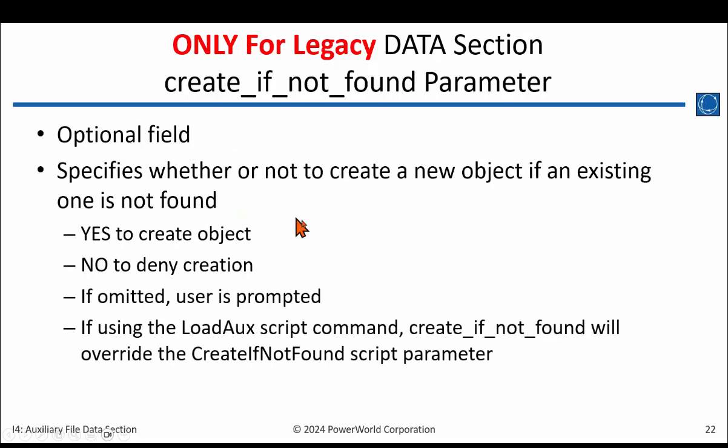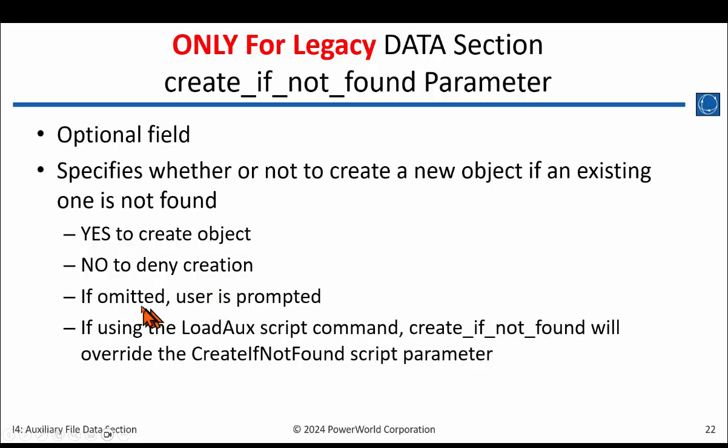And then the optional create if not found parameter would specify whether or not to create a new object in Simulator if a record in the aux section that follows does not exist in the case. So it can either be yes, no, or you can just omit the field altogether.